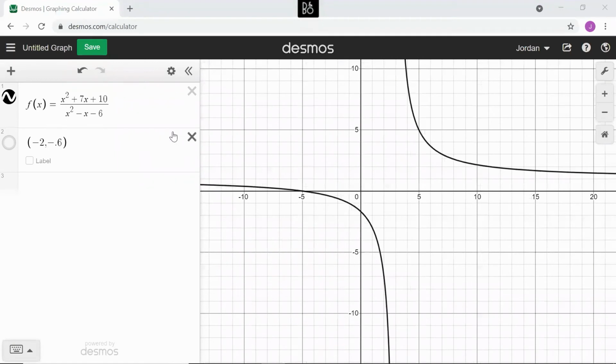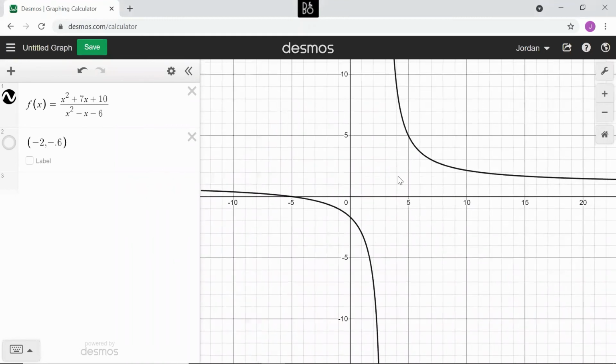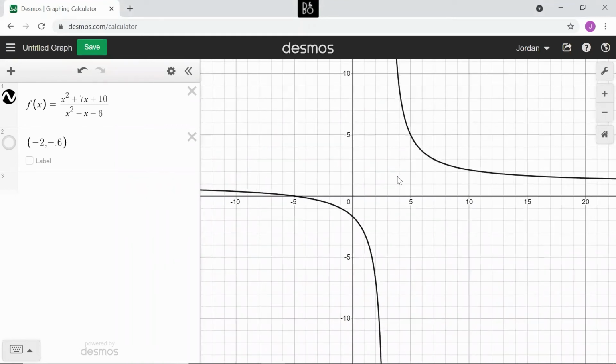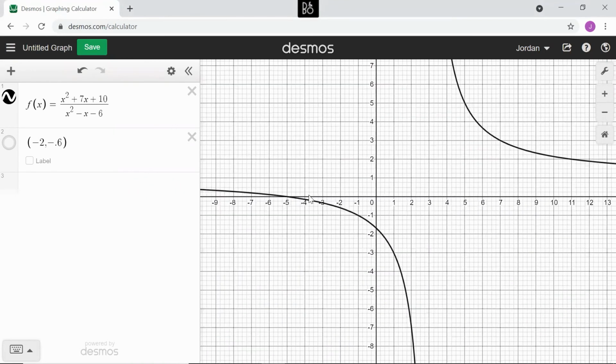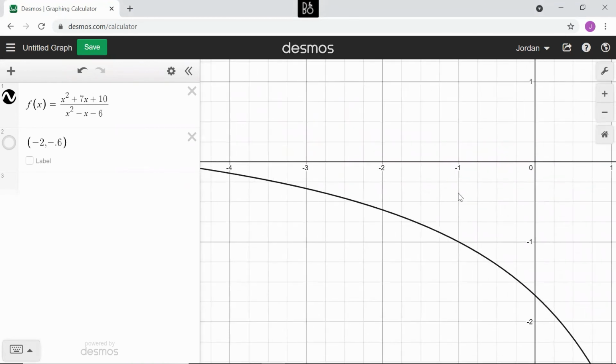So what I've done is I've graphed our function, f of x equals x squared plus 7x plus 10 divided by x squared minus x minus 6. And you get this rational function right here. If we zoom in on what's happening at x equals negative 2, it really doesn't look like anything. It looks just like a normal function graphically.